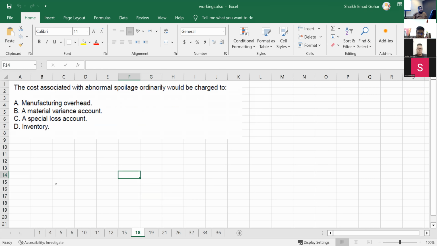Do this one. So they are saying, the cost associated with abnormal spoilage ordinarily would be charged to what?